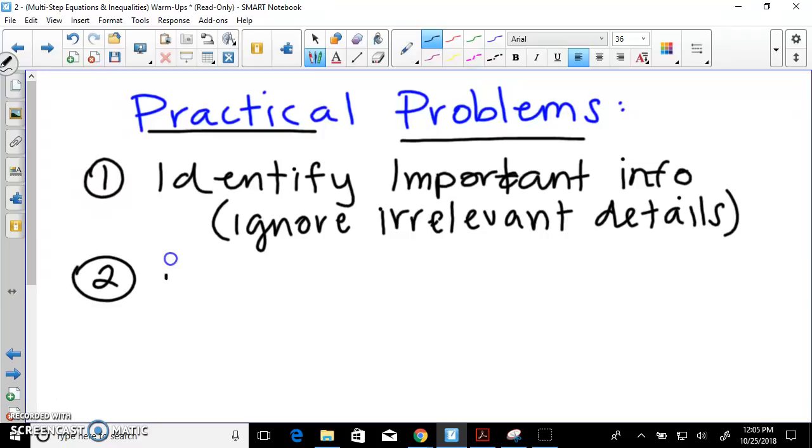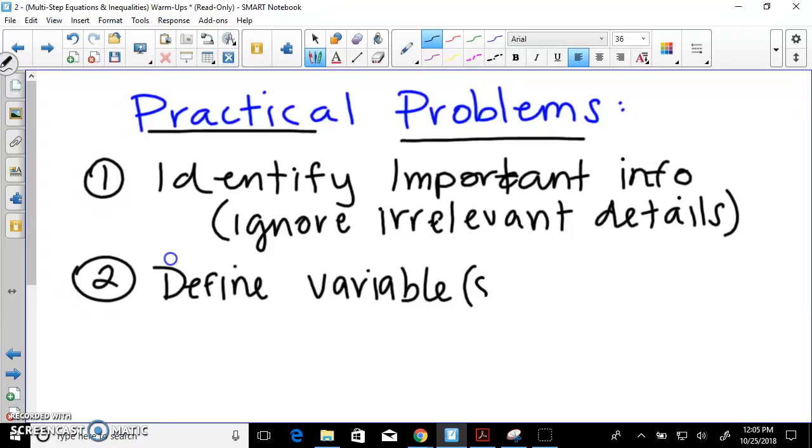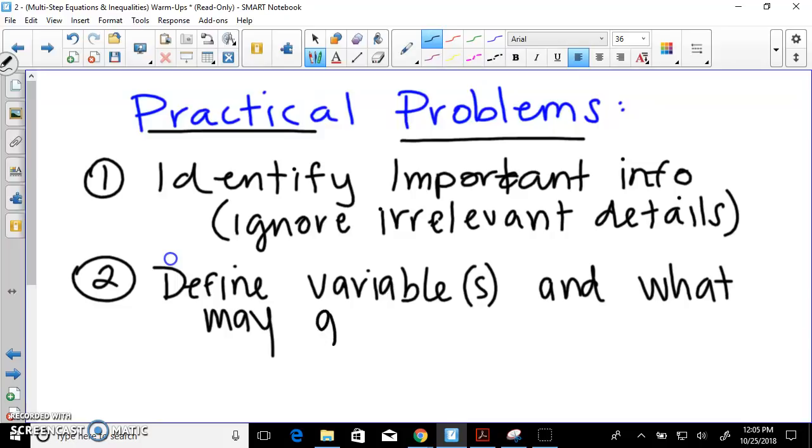Step 2 is we need to define the variable, or if there's multiple variables. So we're going to define the variable and what may go with them. For example, we might have some coefficients.